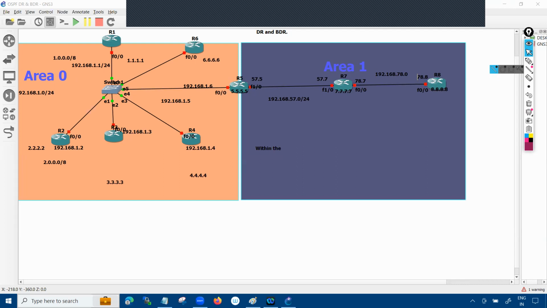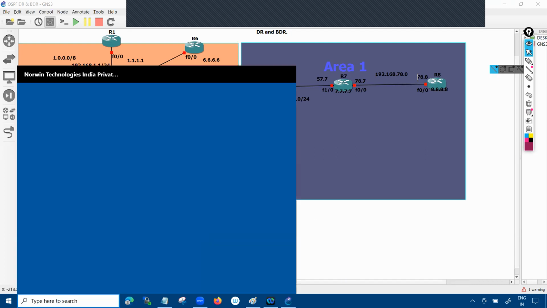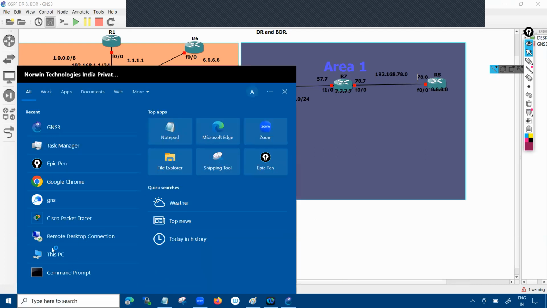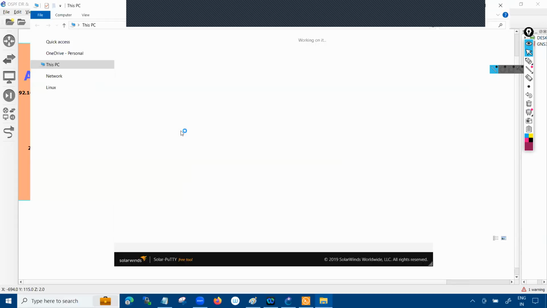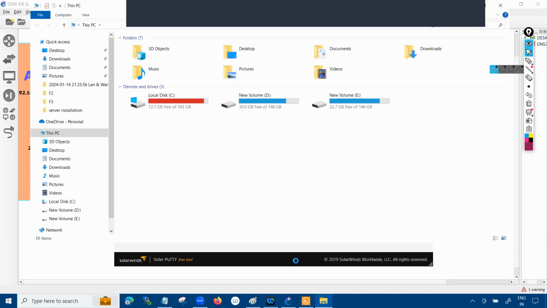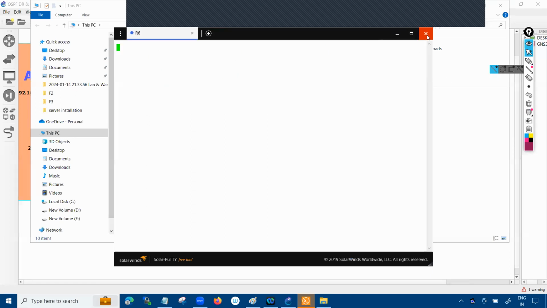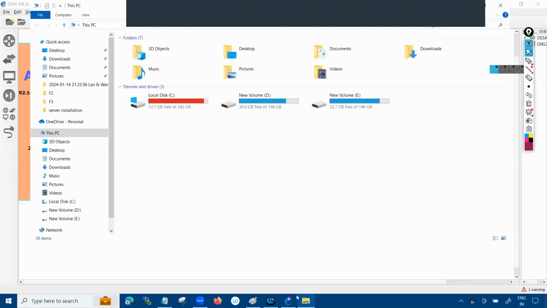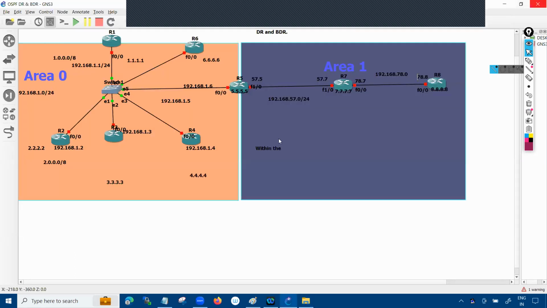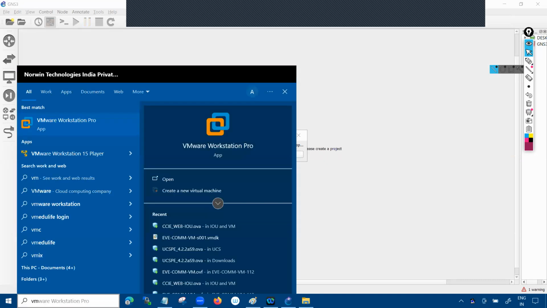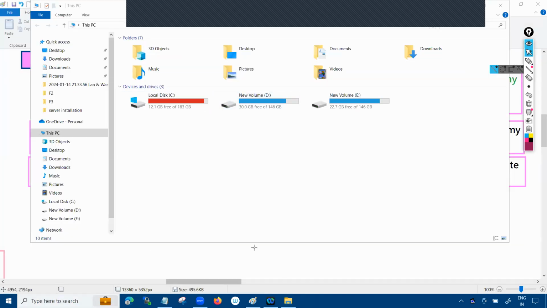Wait, let me check if I have enough space. Now router 6 is coming back. Let me do this lab on my PC. I'll just need a few minutes to create the lab.